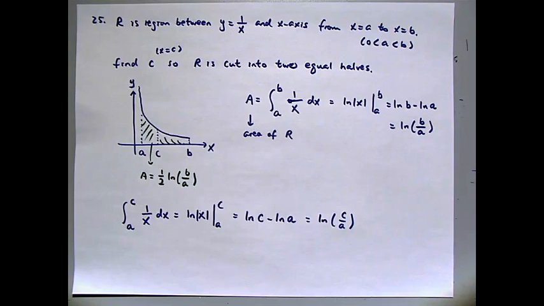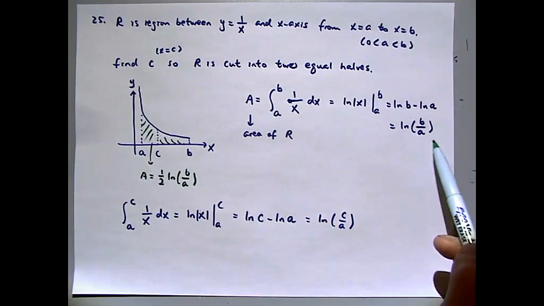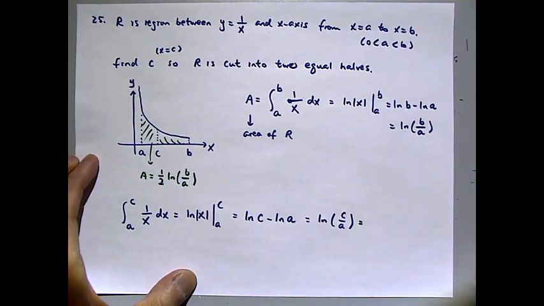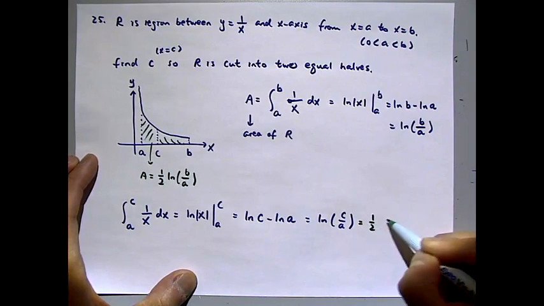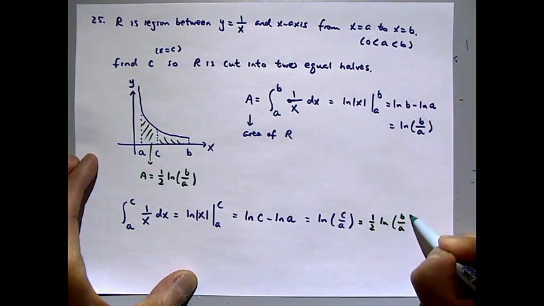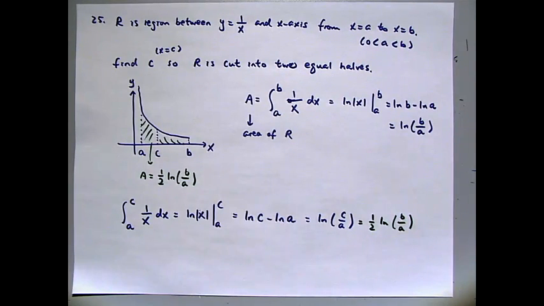Now, knowing the fact that this is going to have an area that's exactly 1/2 of the whole thing, we know this has to be equal to 1/2 of the entire thing. Right? Does that make sense? Yeah? Okay? And now we just have to find out c, right?